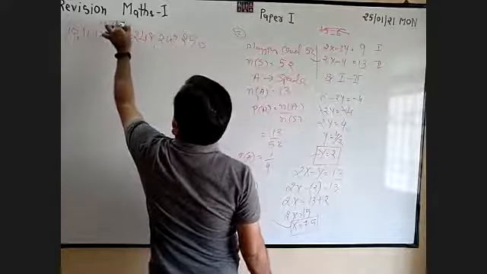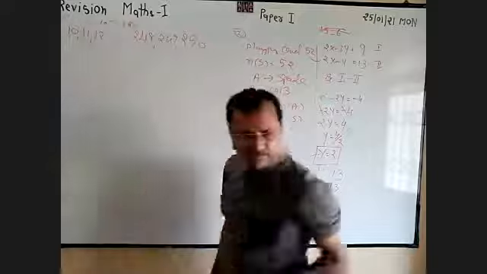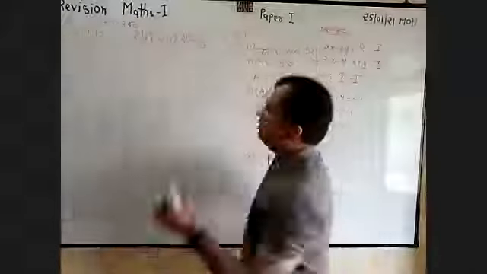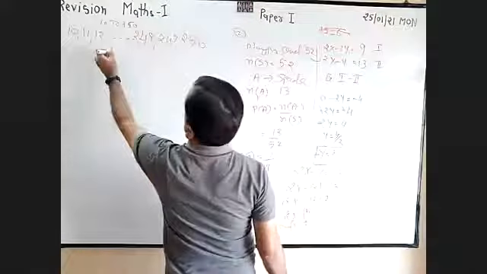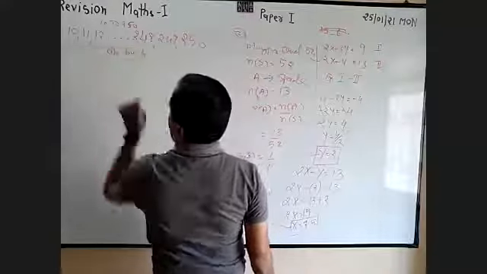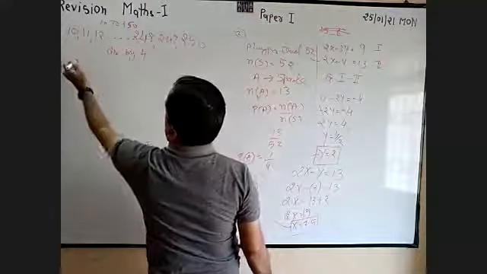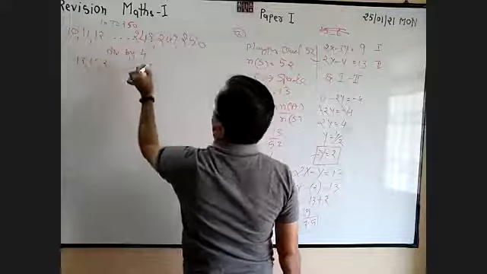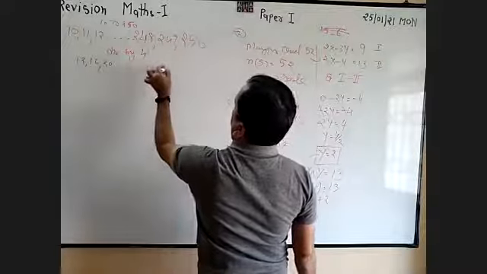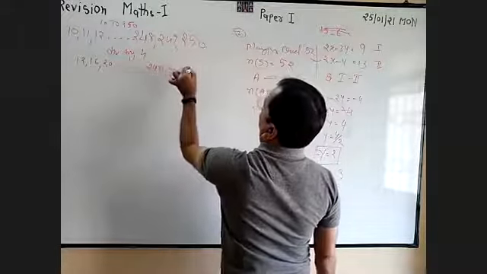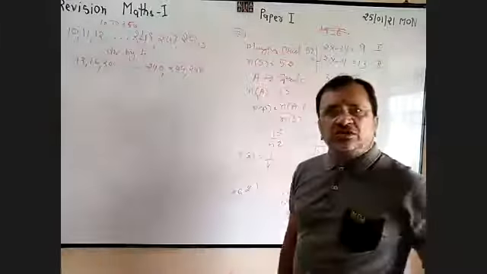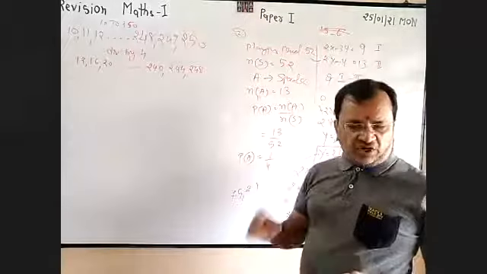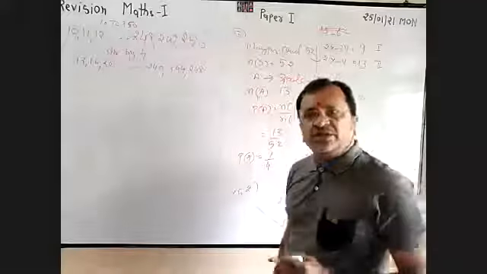Now divisible by 4: 10 is not divisible by 4, 11 is not, 12 is. 12 plus 4 is 16, plus 4 is 20, up to 240, 244, 248. 250 is not divisible. Correct.